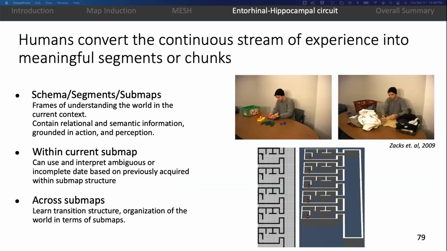And this kind of fragmentation is not only seen in spatial navigation, but it's also seen in many other domains in cognitive science. There is a series of work by Jeff Zacks where they've shown that people are constructing schemas or submaps from their everyday experience. And these are frames of understanding the world in the current context, right?